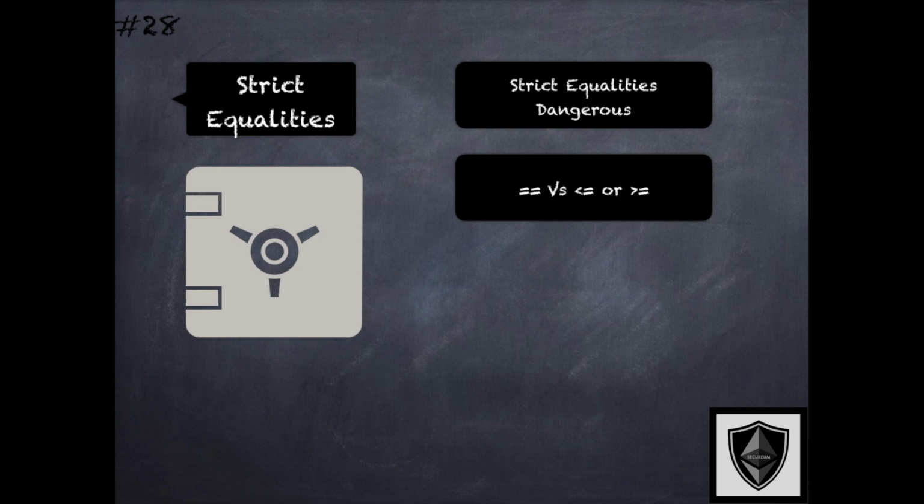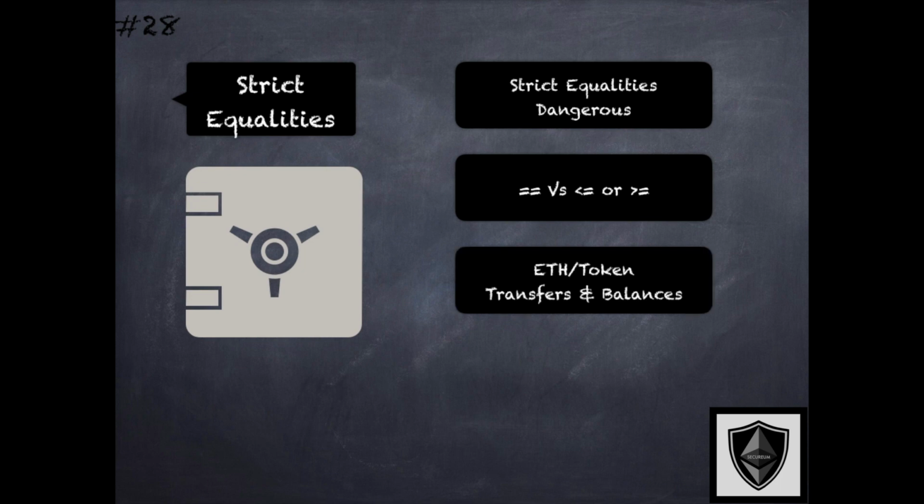When these strict equalities are applied to ether or token values, then such checks could fail because the transferred ether or tokens could be slightly less or greater than what the strict equalities expect, or the balances computed could be different because of the different number of decimals expected, or the precision of the operations being slightly different from the assumptions being made.